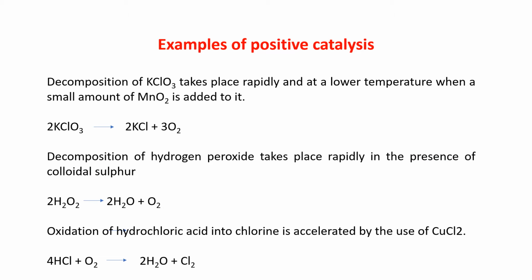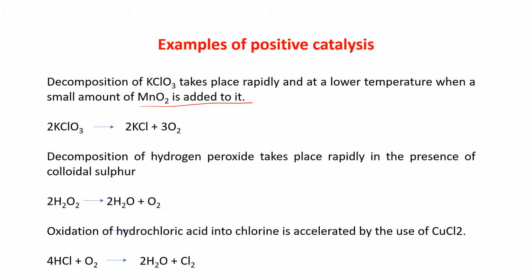Now some examples of positive catalysis. Decomposition of KClO3 takes place rapidly at lower temperature when a small amount of MnO2 is added to it. So you all know about it.